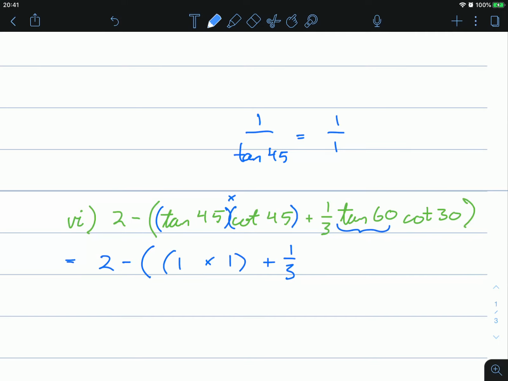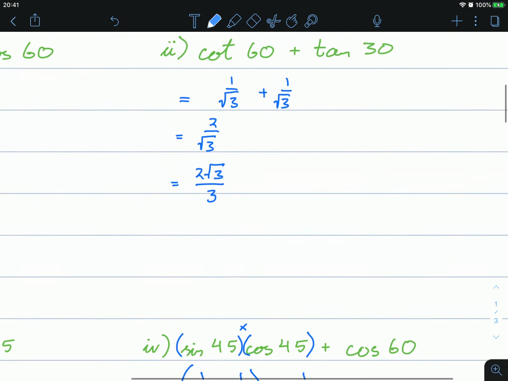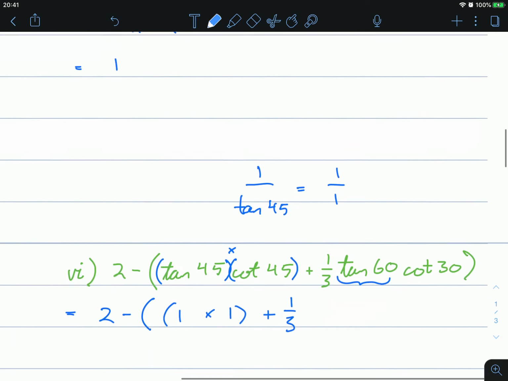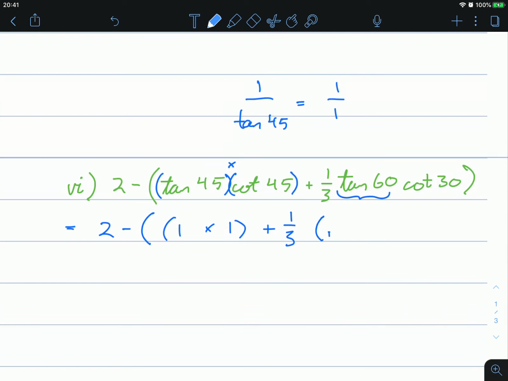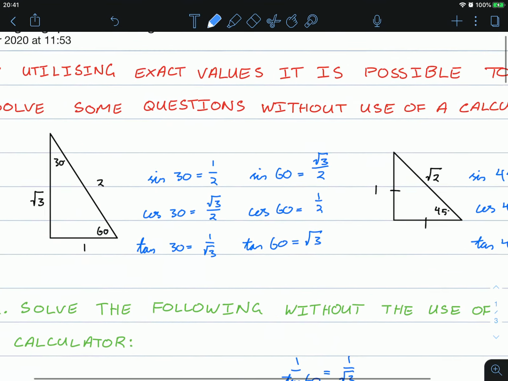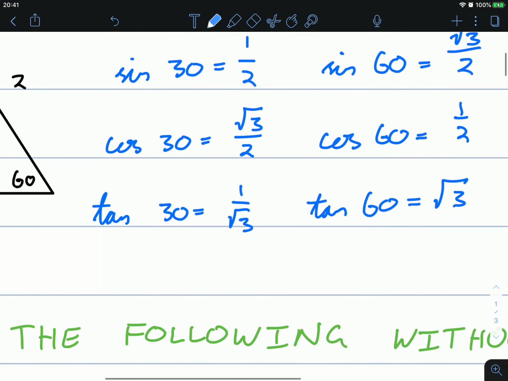Now tan 60 we need to find the value of. Let's scroll back up to here. Tan 60 is square root of 3. Come back down. So it's root 3 times cot of 30. Well, cot of 30 is 1 on tan 30.